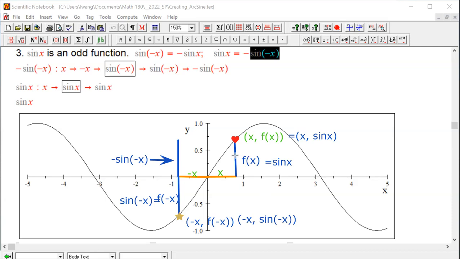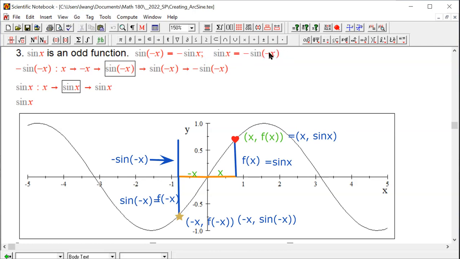You can see now these two are the same. So that's what this expression is trying to express. This piece is expressing this process: sine of negative x, which is here, flipped over, and these two are the same. So that's the explanation about this new form.